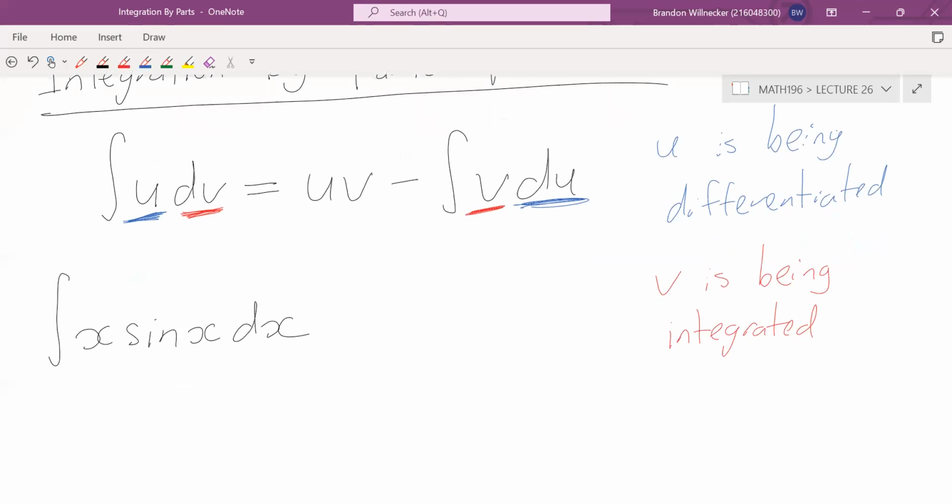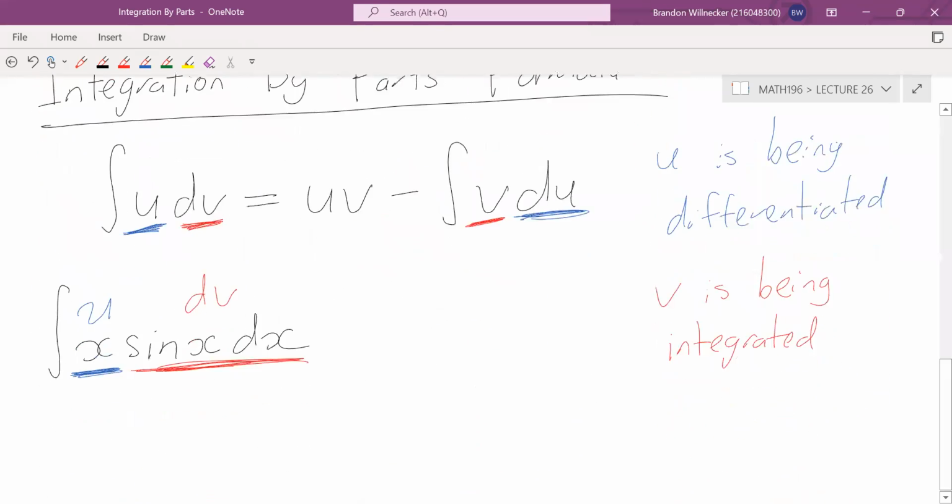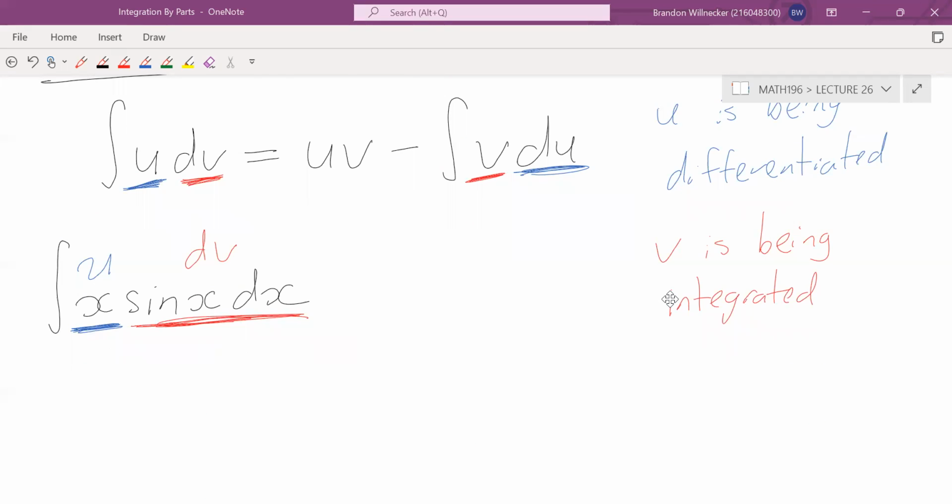We have x sine x dx. We need to pick something to differentiate. We pick x, so this is going to be u. And we need to pick something to integrate. That's going to be the rest of this, sine x dx, and we're going to call that dv. We're just changing our thinking here. Instead of thinking of it as f and the derivative of g, we think about it in terms of u and dv.